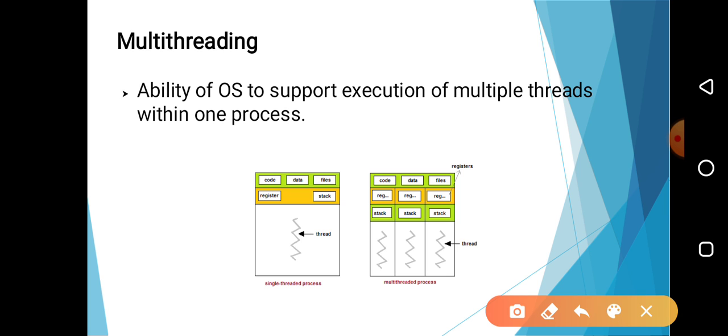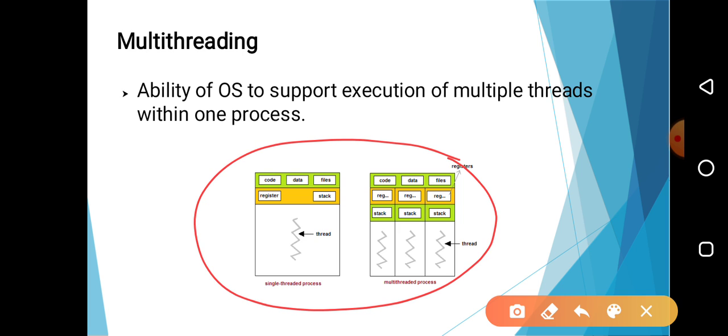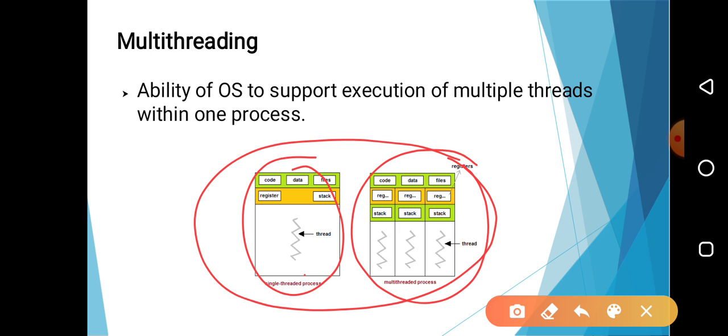Now, the last part of this video is multi-threading. We have already seen this diagram in a previous slide. What exactly does it mean? Single-threaded system and multi-threaded system. Single-threaded means one process consists of only one thread. But in case of multi-threading, one process contains multiple threads inside it.